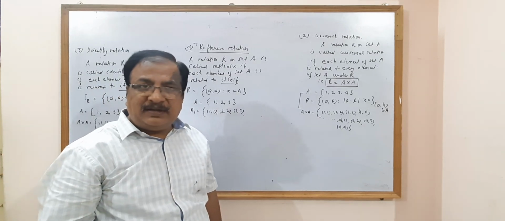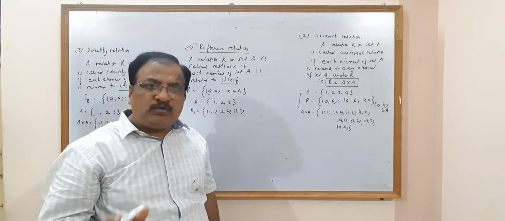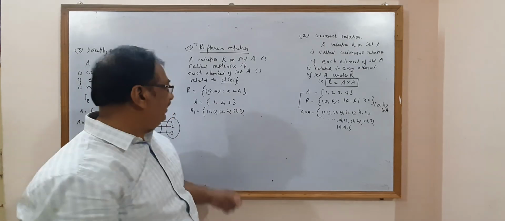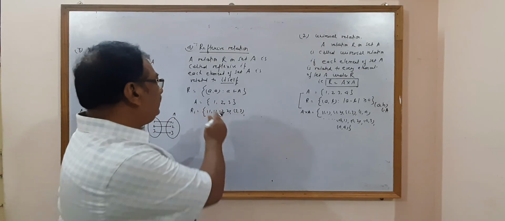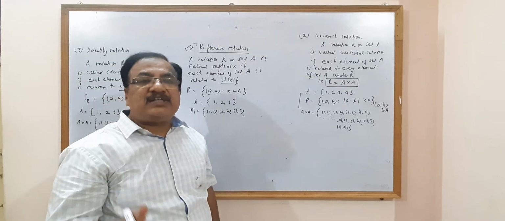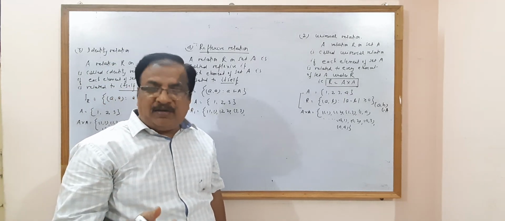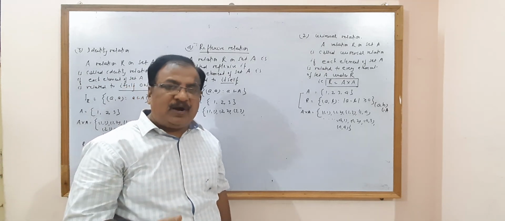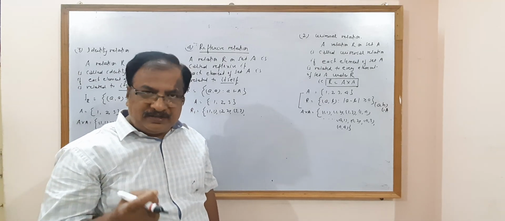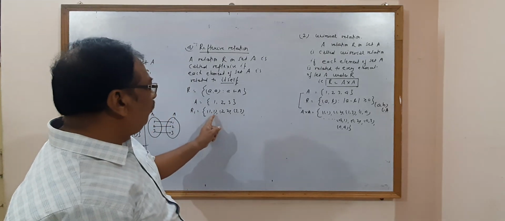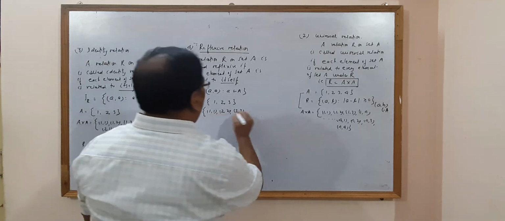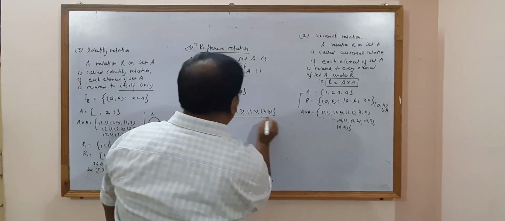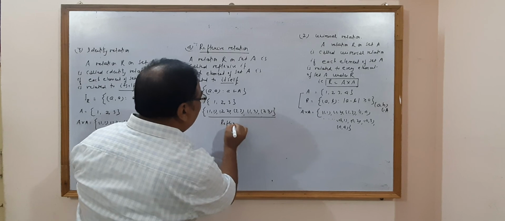Besides this, there may be other elements of A cross A, because a relation is a subset of A cross A; we are simply picking elements of A cross A. Besides this, we can take (1,3) also. This is our choice. This is a reflexive relation.